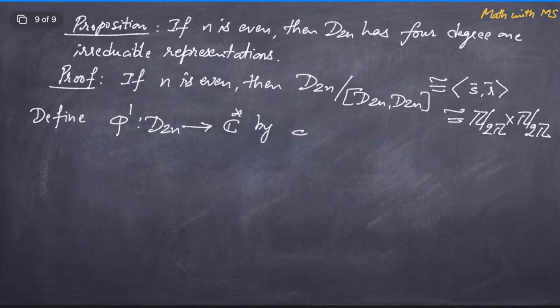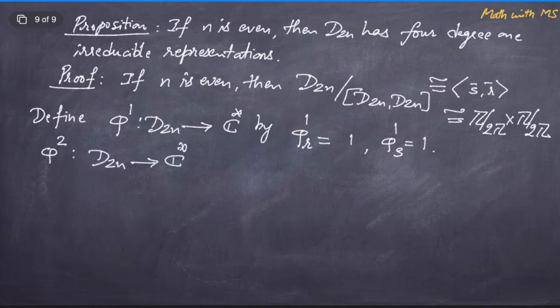Phi 1 of R is 1 and phi 1 of S is also 1, the trivial representation. Every group admits the trivial degree 1 representation. Phi 2 from D2N to C star by this rule. I am just defining it on generators.